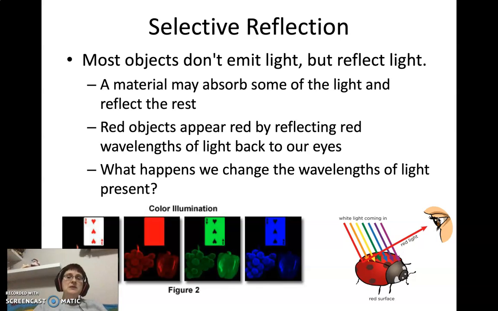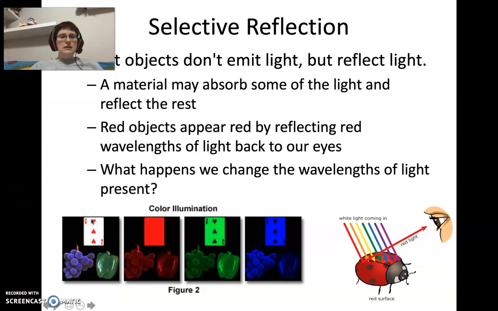So then what happens if we change the wavelengths of light present? Because like I said, most of the time we're talking about white light. So does it change anything? Well, let me scoot myself up out of the way, because that's what these pictures are down here. So if we take a look at this picture right here, this is a picture of the playing card with the 3 of hearts, some grapes, and a bell pepper, because why not?